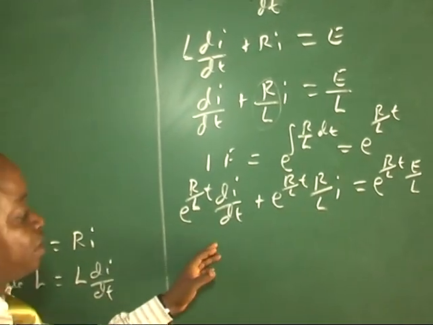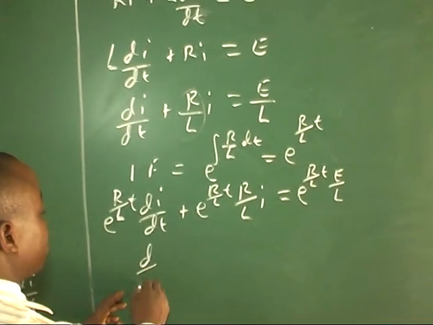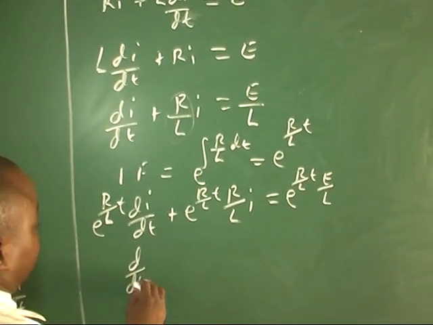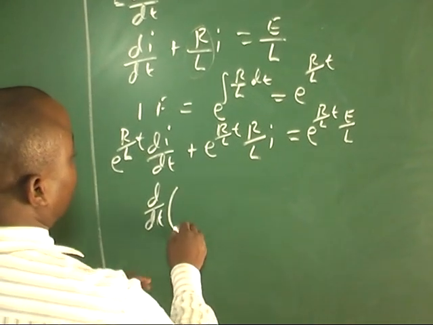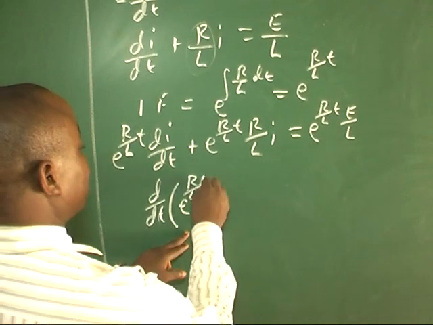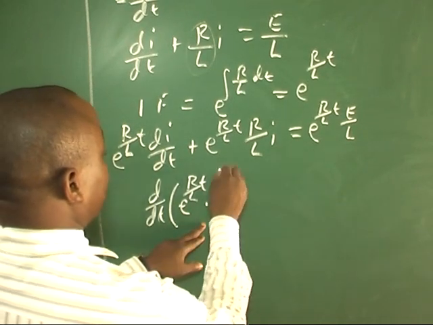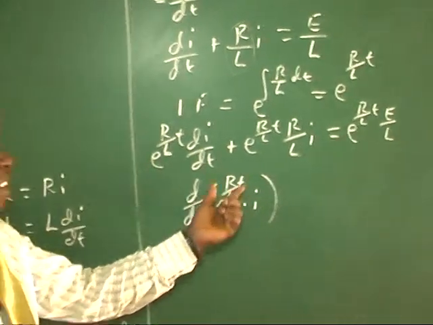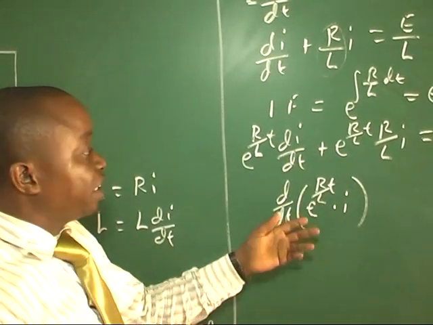And if we do that, we know that this is the same as d/dt of exponential R/L t times I. This is the differential of this. We know that one in first order.